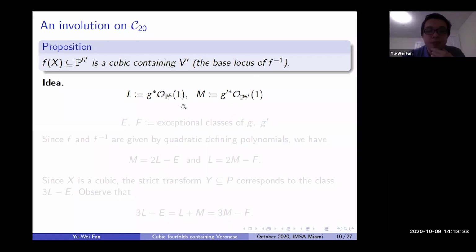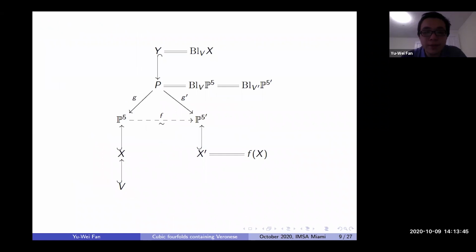We denote the pullback of O(1) by L, and the pullback of O(1) on P5 prime by M. Going back to the diagram, we have these two blowups, and L and M are classes in P. L is the pullback of O(1) through this map G, and M is the pullback of O(1) through this G prime.